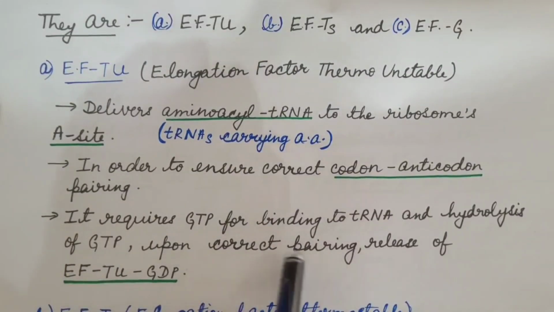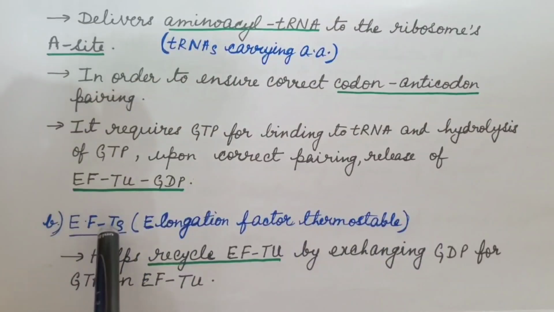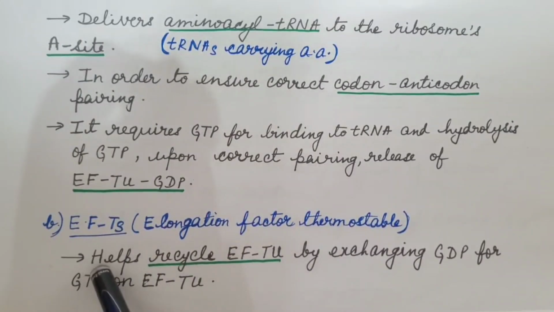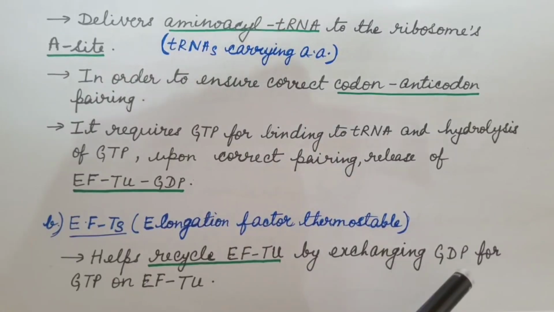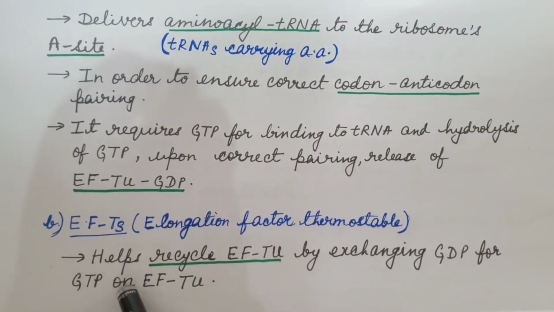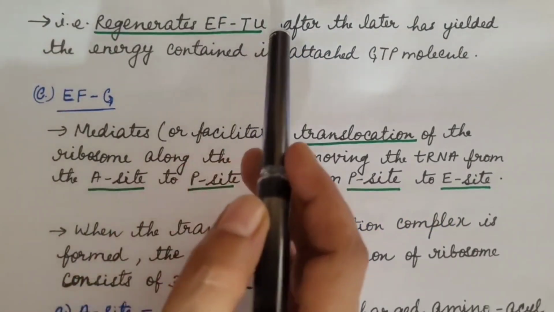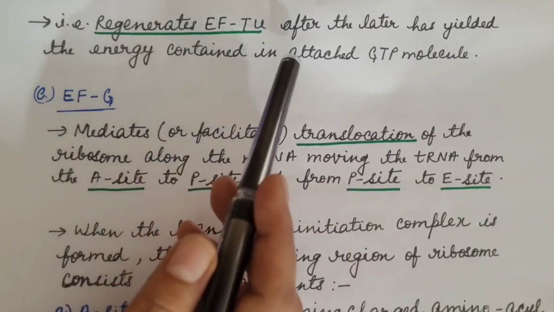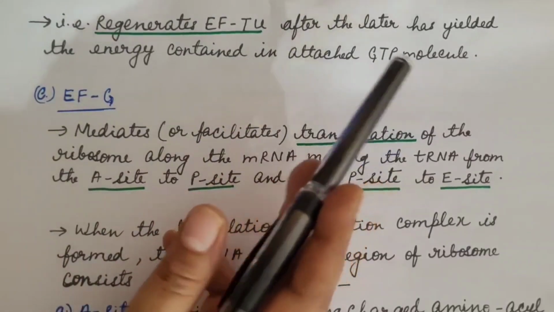Upon correct codon-anticodon pairing, release of EF-Tu GDP takes place. Now second is EF-Ts, elongation factor thermostable. It helps recycle EF-Tu by exchanging GDP for GTP on EF-Tu. That is, it regenerates EF-Tu after the latter has yielded the energy contained in the attached GTP molecule.